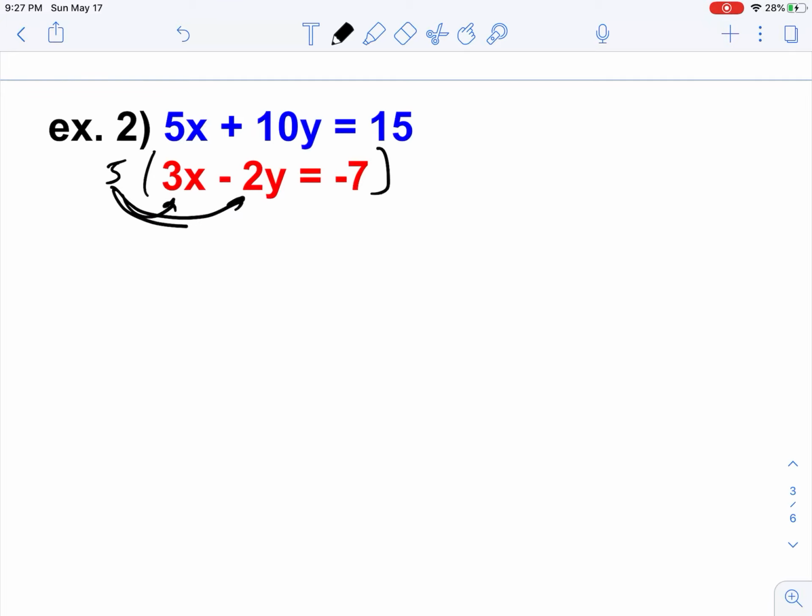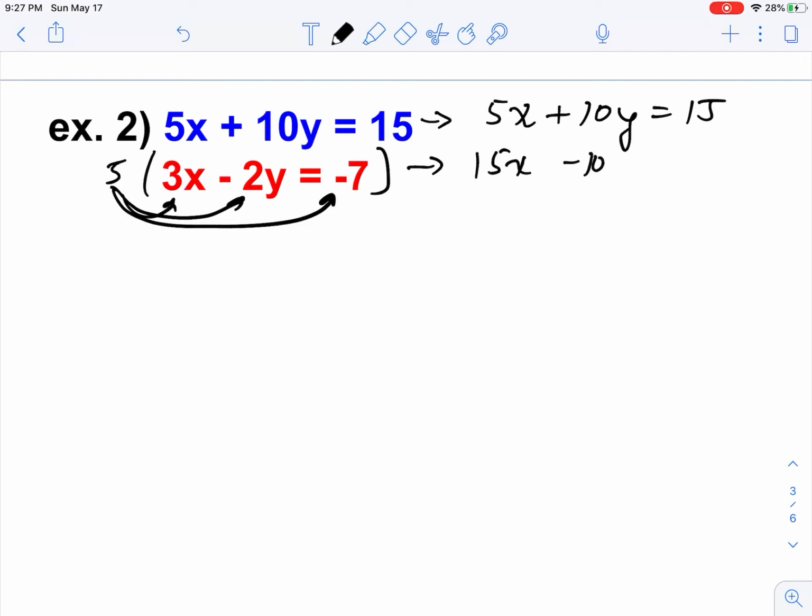So that's what we're going to do. You have to multiply that entire equation by 5. So let's rewrite this. We're going to keep the first equation unchanged. And the second equation, we're going to distribute that 5 all the way through. So that gives us 15x minus 10y equals negative 35.